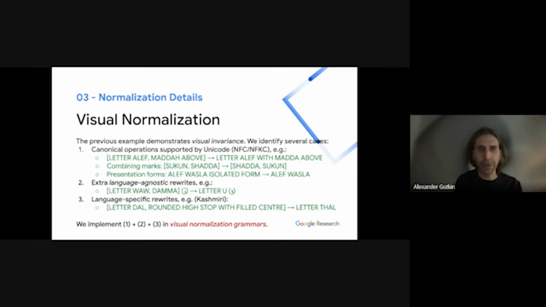And so we turn to visual normalization. Visual normalization is a collection of transformations which are brought to some canonical form, and yet all these transformations result in visually invariant outcomes. The first group involves transformations supported by Unicode as NFC and NFKC as part of those standards.